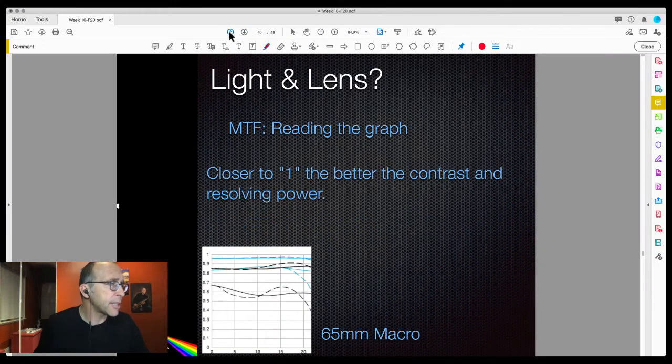What's our next thing? I'm going to go back to this for a second. The other thing that we want to look for is what's happening in the corners. Is that high quality that we're seeing over here, look at this, is it staying up there all the way to the corner? And this lens right here is performing quite well. And remember, blue lines are f8, so they're higher, and it's looking pretty good all the way to the corner.